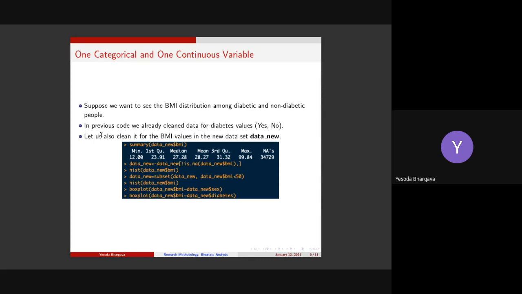Or how the marks differ among students belonging to ECE and students belonging to CSE. So one is a continuous variable, the other is categorical. How do you analyze or see the patterns in that?